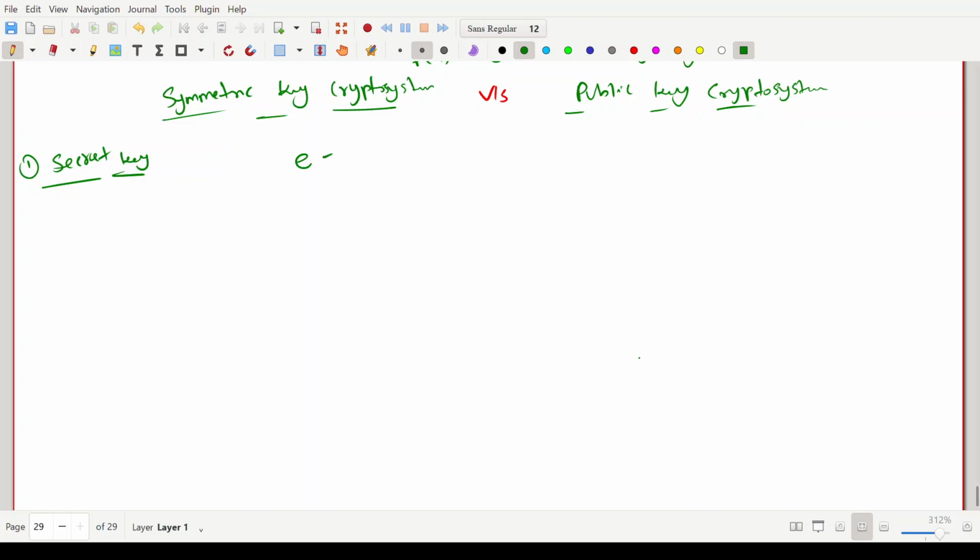So here E is equal to D. But here, E is not equal to D. That means I'll have two keys here. One, E, is our public key, and D is my secret key. Whereas in the symmetric case, it is only one thing which is secret. Second, the number of keys.